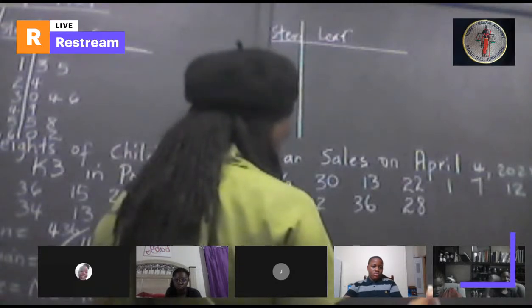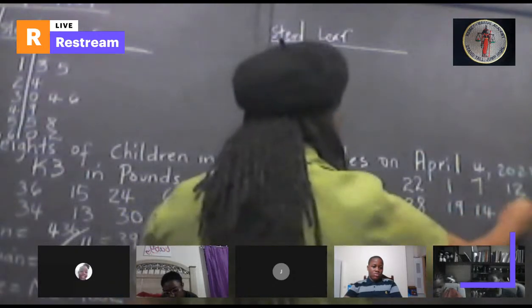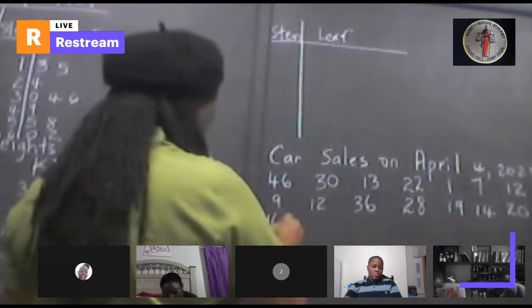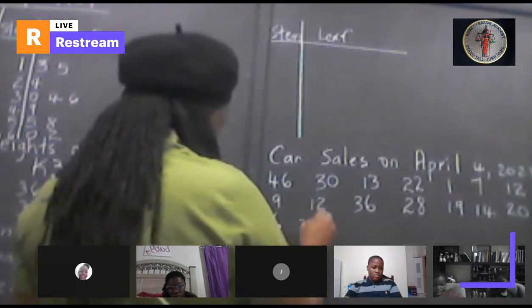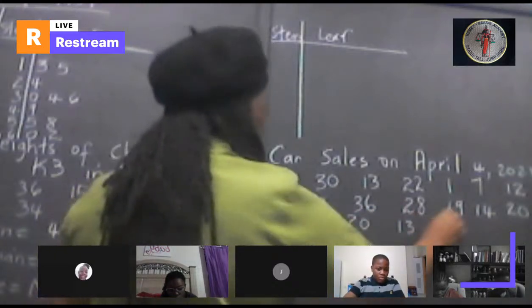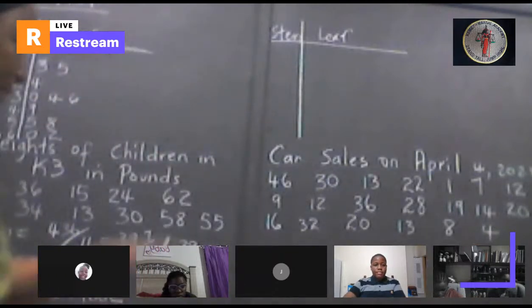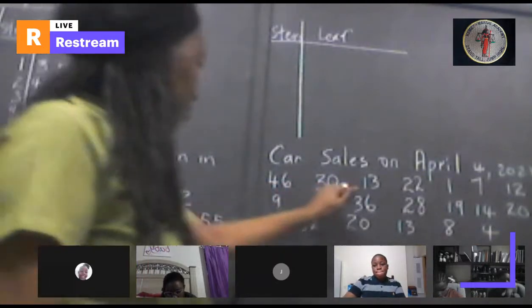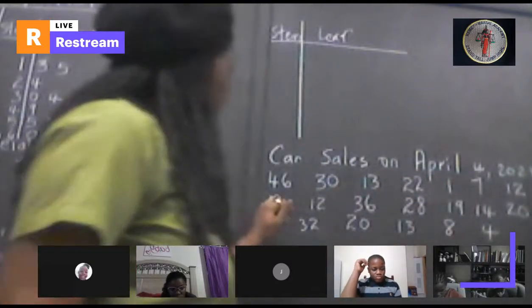Let me make sure I have all of them. 16. All right, so it's 20 salesmen: 1, 2, 3, 4, 5, 6, 7, 8, 9, 10, 11, 12, 13, 14, 15, 16, 17, 18, 19, 20.